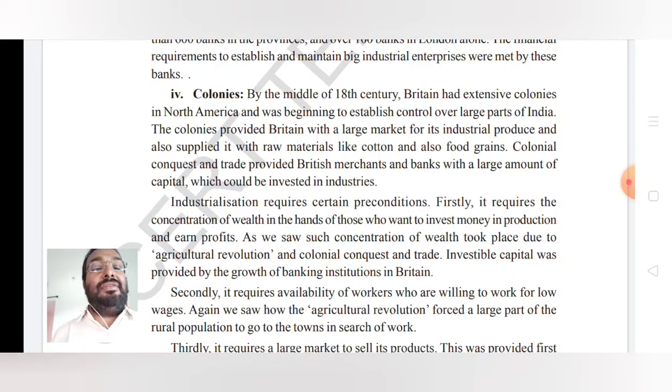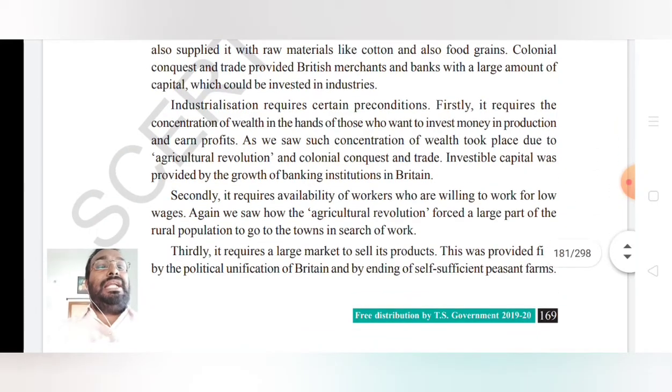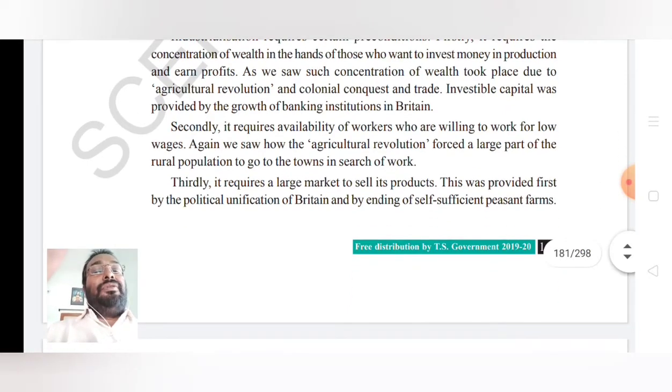And the second requirement is availability of workers who were willing to work for low wages. Again we saw how the agricultural revolution forced a large part of the rural population to go to the towns in search of work. And the third is that it requires a large market to sell the products.